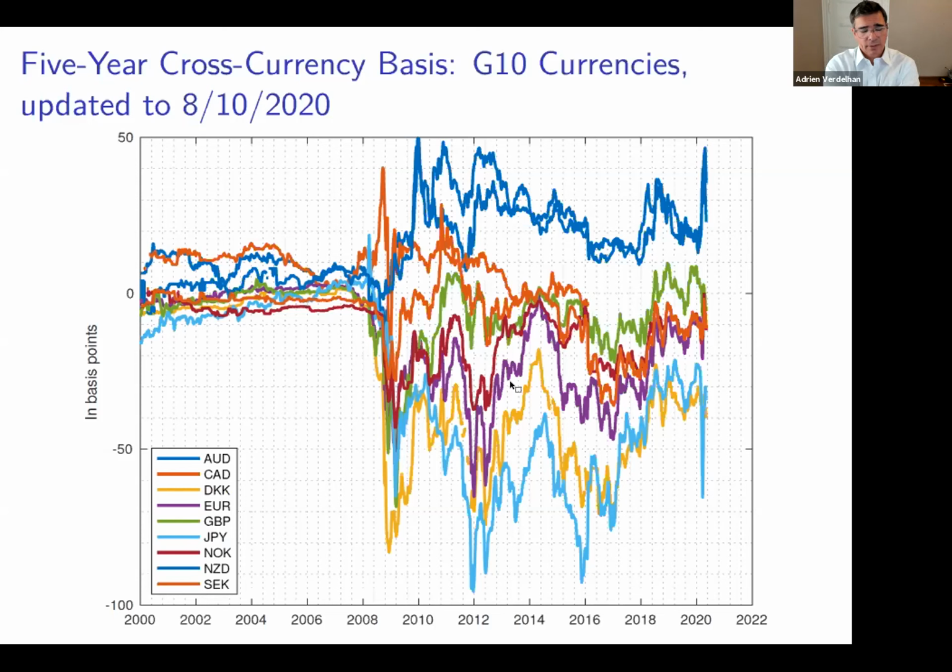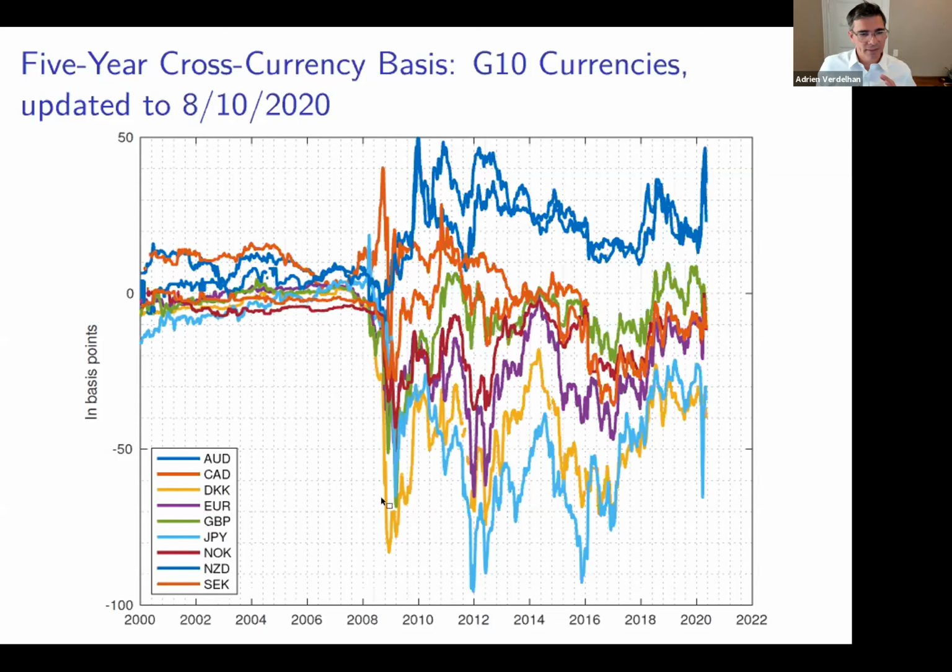You can think of the same object: the difference between an interest rate in US dollars and an interest rate in a foreign currency after taking out the currency risk. In basis points, again, this difference should be 0. It was pretty much 0 before the crisis. Look at the scale, again, everything here is annualized. During the crisis, not. After the crisis, those deviations are actually sometimes bigger than what they were during the crisis.